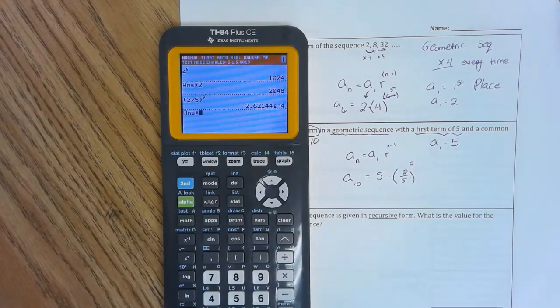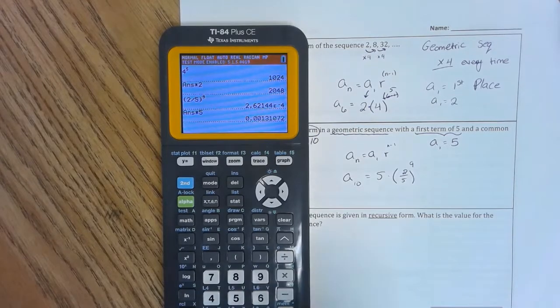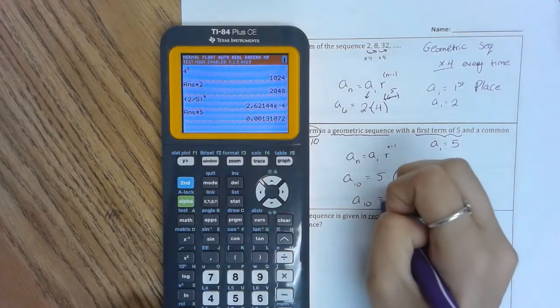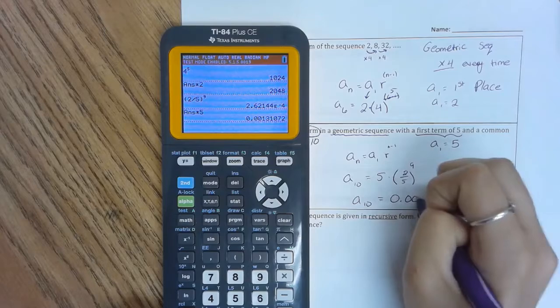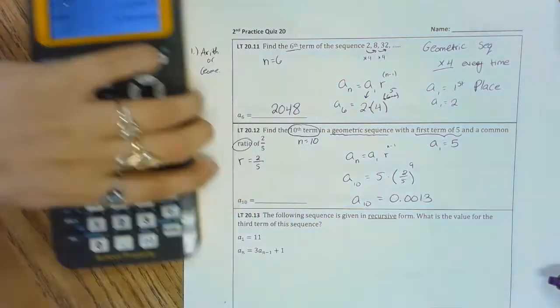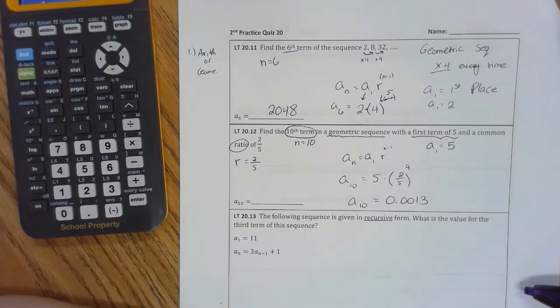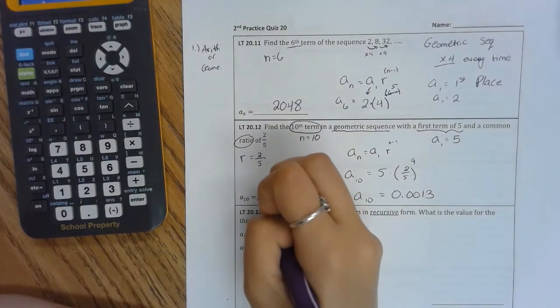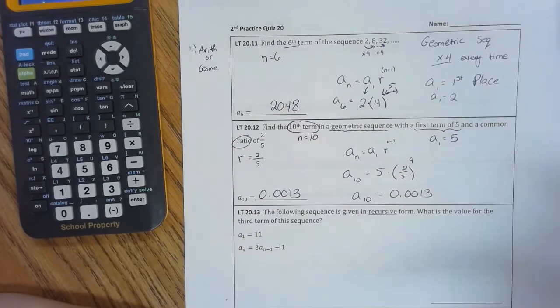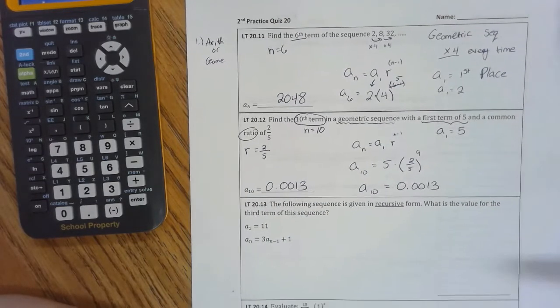I'm going to times it by 5, and we end up with A10 being 0.0013, and that's going to be our answer. Alright, not too bad. It's just making sure you know what formula to use.